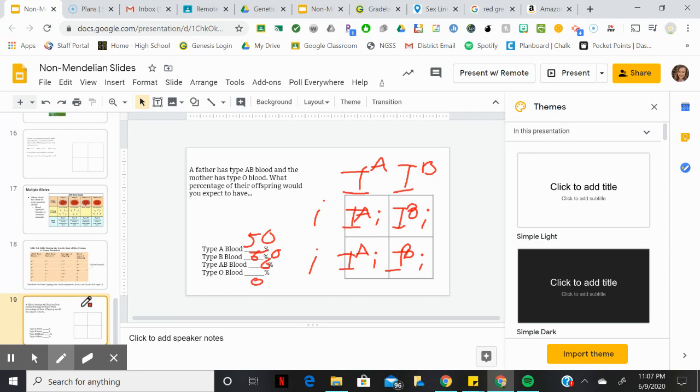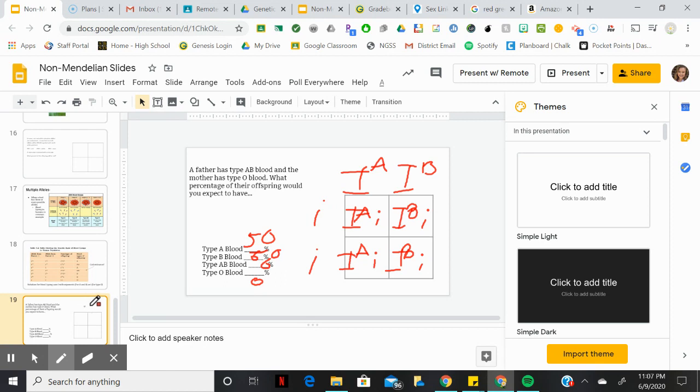So now that we've gone through all of the different types of non-Mendelian genetics, you're going to go do your practice problems. If you need to come back to this video to see how I set up each Punnett square, feel free. Again, the hardest part is just setting up the parents. From there, getting the Punnett square is simple.